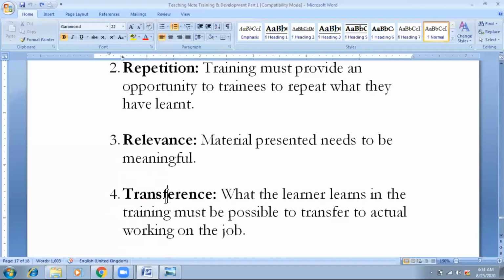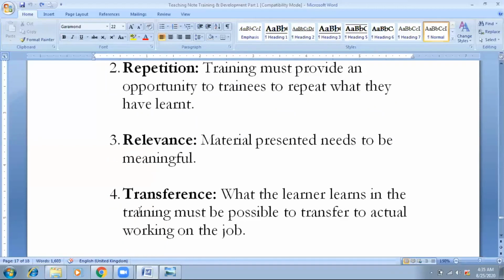The transference will be successful if there is a high level of relevance relating to the learning material. So training programs should have conditions identical to those in the actual job situation. Then transference will become easy.